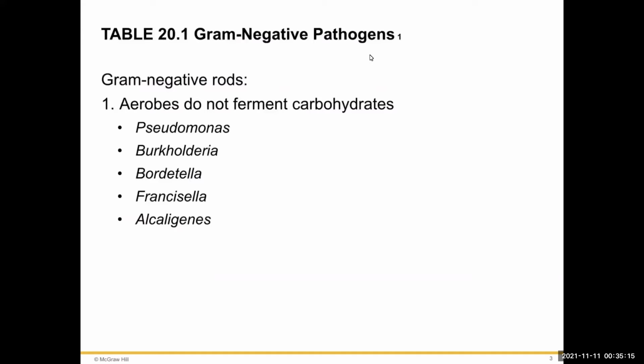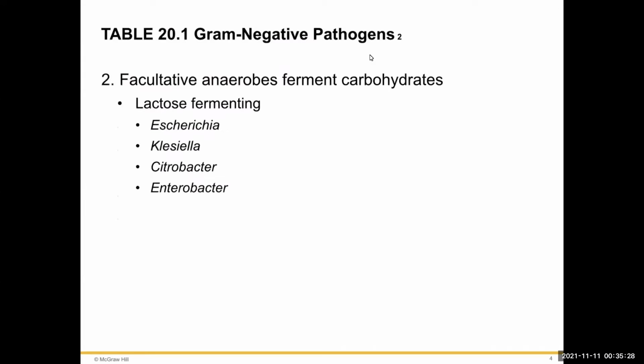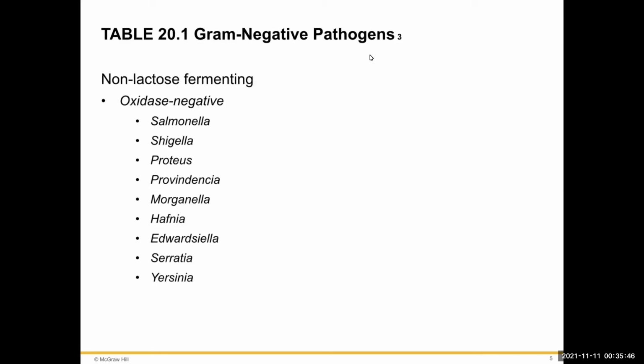Okay. Gram-negative rods that are aerobes and do not ferment carbohydrates: Pseudomonas, Burkholderia, Bordetella, Francisella, and Alcaligenes. Facultative anaerobes that ferment carbohydrates: the lactose fermenting are Escherichia, Klebsiella, and Citrobacter.